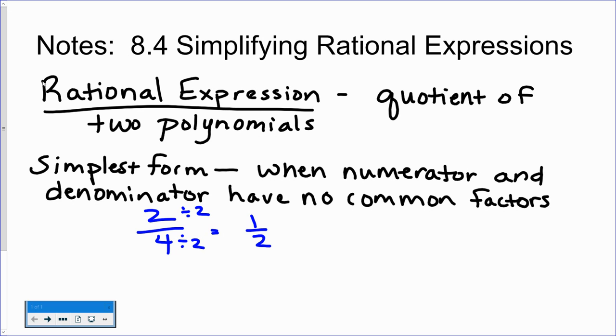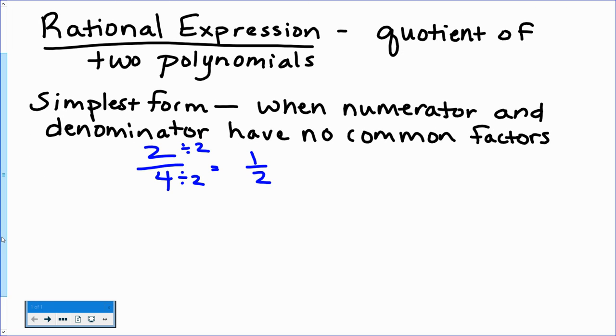All right, so we're going to be simplifying our fractions, but polynomials are going to have variables, exponents, things like that. So it'll be more complicated, obviously, than just 2/4, but that's what we'll be looking at.